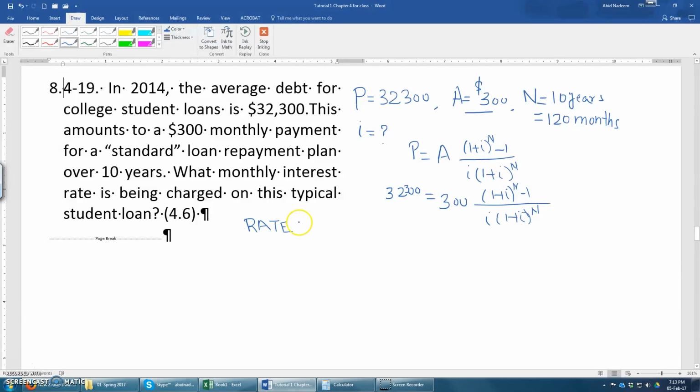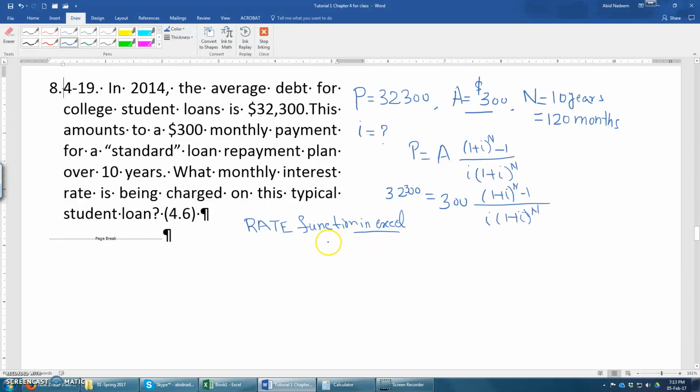In this RATE function you will need to input the number of periods, the annual or monthly payments, and the principal amount, and then it will give you the value of the interest rate. So that is the rate function in Excel. For hand calculations you can use the trial and error method.